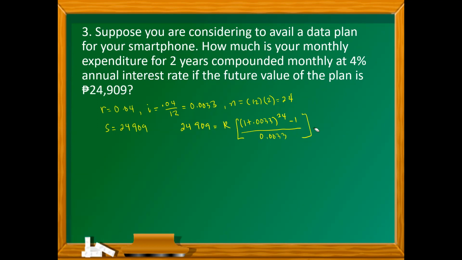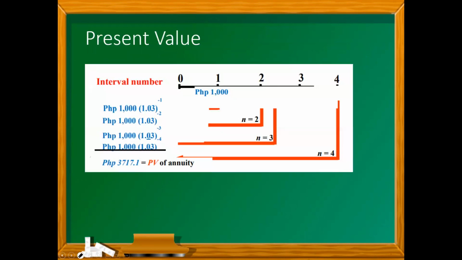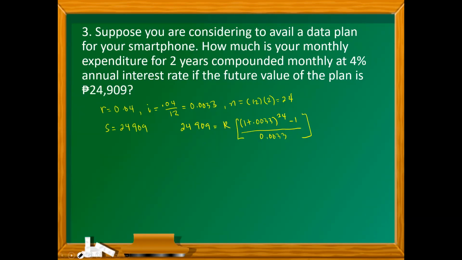What we're going to do is to divide both sides by the second factor from the right side of the equation to isolate this R, and of course come up with the value of R. So we'll divide both sides by this factor: 1 plus 0.0033 to the 24th minus 1 all over 0.0033.